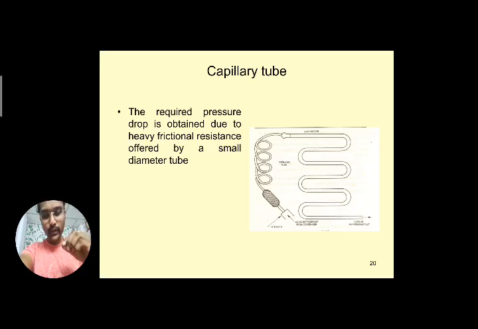Second thing, due to its very small diameter, the high pressure refrigerant flowing inside the tube offers more frictional resistance. So inside the pipe, heavy friction will take place between the material inside the component and the refrigerant. Okay, so that is responsible for the drop in pressure, or pressure drop.